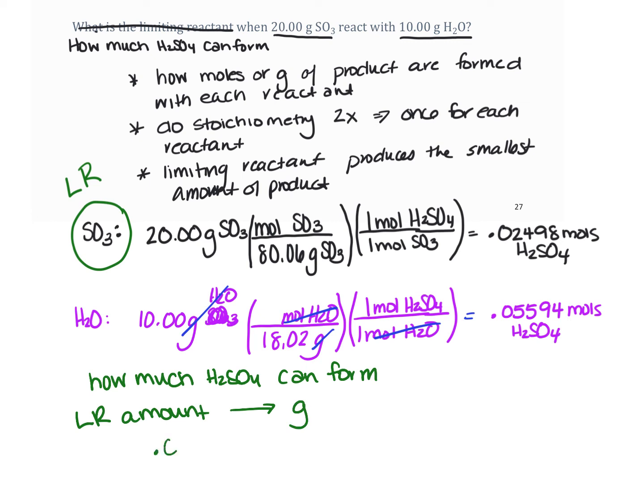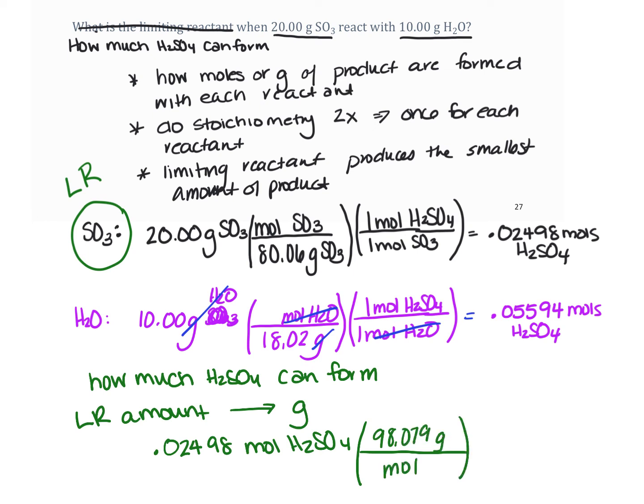So we take 0.02498 moles of H2SO4, and I use the molecular weight here, which is 98.079 grams per mole for sulfuric acid, and that gives me 2.450013 grams of sulfuric acid. Now, again, we need to think about our sig figs.